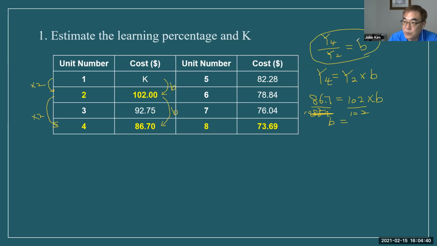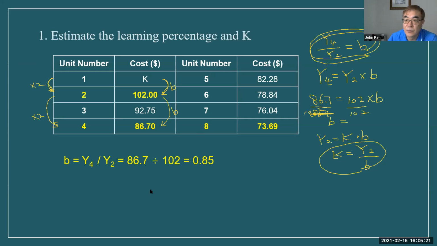Then also from 1 to 2, Y2 equals K times B. So K equals Y2 divided by B. From this one and this one, B equals Y4 divided by Y2, equals 86.7 divided by 102, equals 0.85.